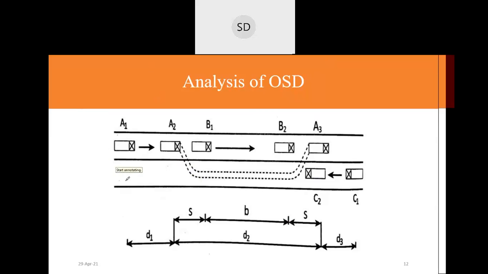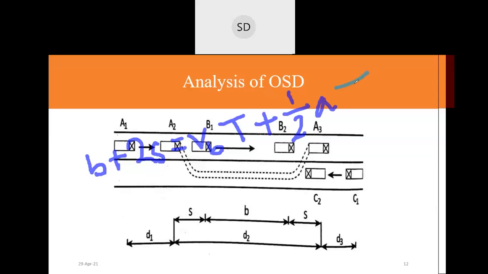Lastly we got b plus 2s equal to vb t plus half a t square. Now vb into t is nothing but b.